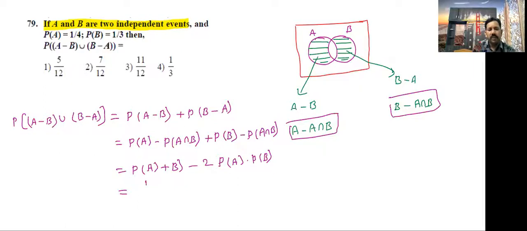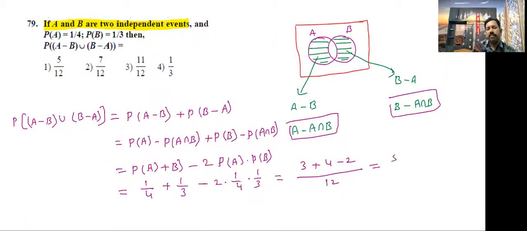Now substitute the values of P of A and P of B. 1 by 4 plus 1 by 3 minus 2 into 1 by 4, 1 by 3. Now, students, what is the LCM? 12. Here we get 3. Here we get 4. Here minus 2. 3 plus 4, 7. 7 minus 2, 5. 5 by 12 is the answer. Which option is correct? First option correct.